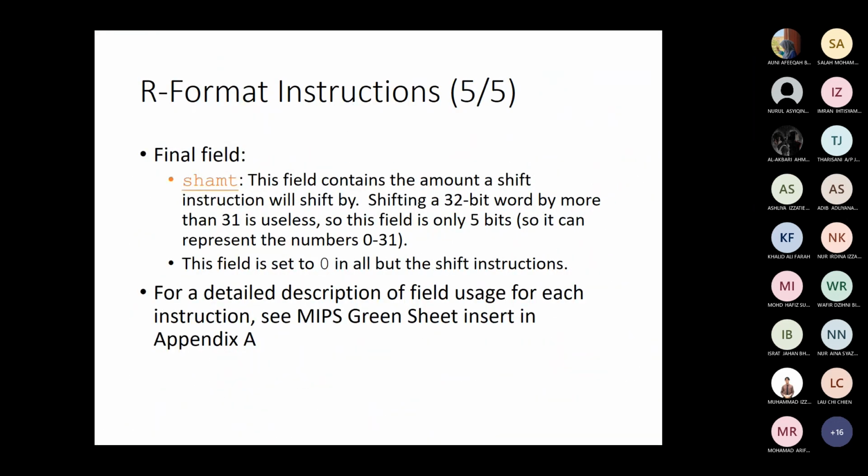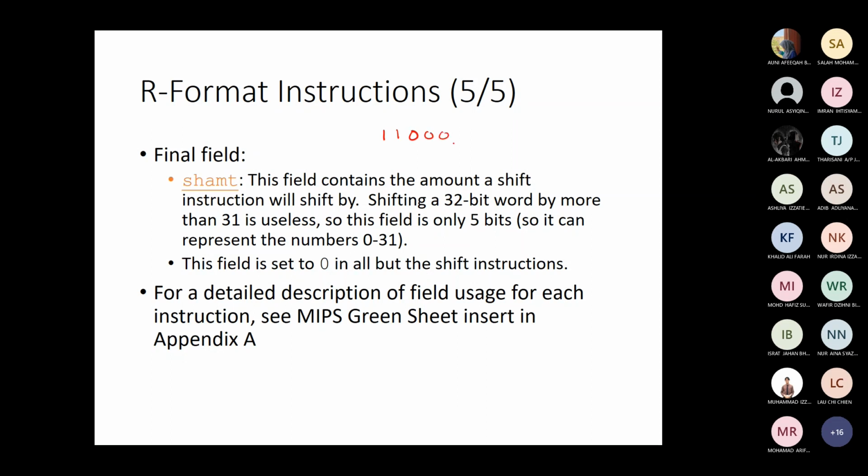Right, the final field is the shift amount. Sometimes students like to say shamt, whatever it is, but just remember what it is. It's the shift amount, the amount that a shift instruction will shift by. So let's say you are writing 11000.